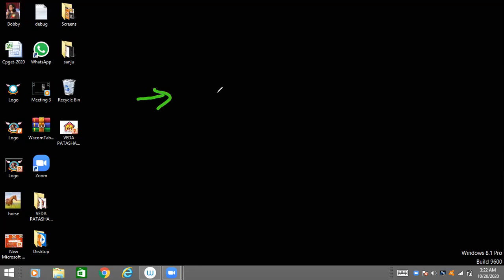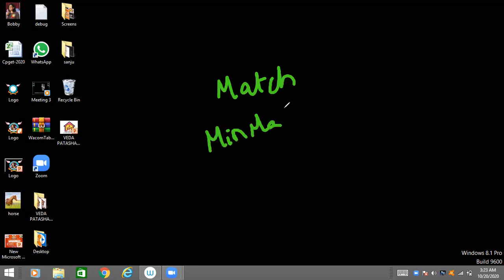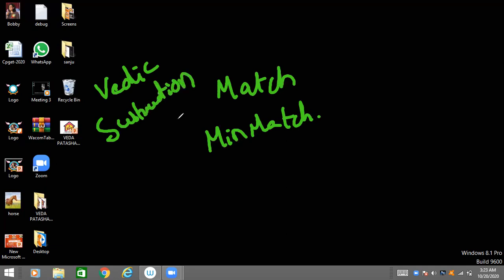Before learning this subtraction, first we need to learn what is match and what is mismatch. Note down. Have you noted the topic name? Vedic subtraction. Have you noted?